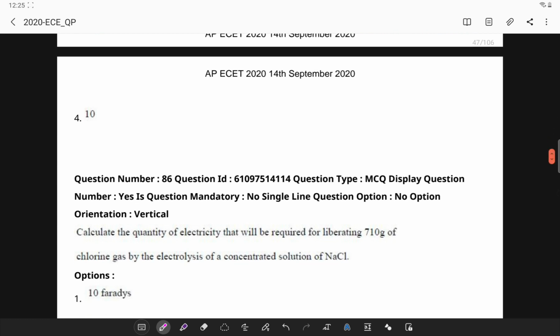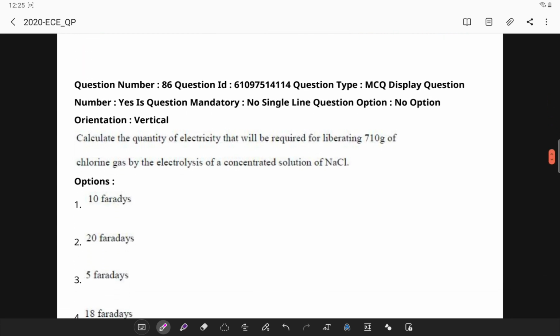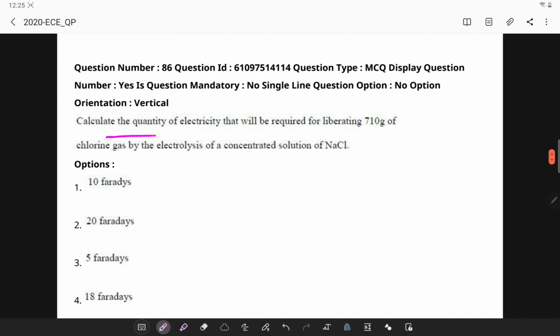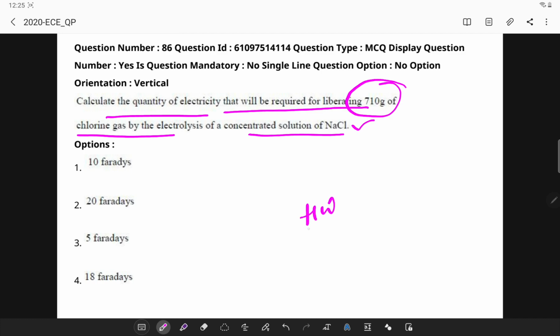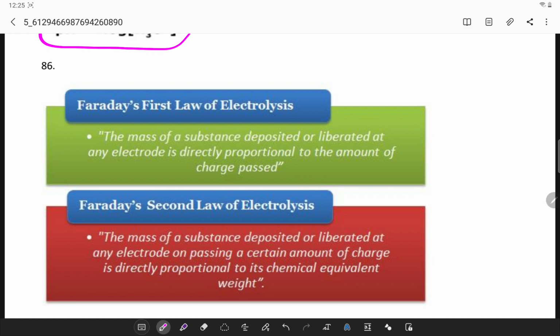Next, calculate the quantity of electricity that will be required for liberating 710 grams of chlorine gas from NaCl solution. This is a homework question for you, but however I'll explain the concept involved in this.